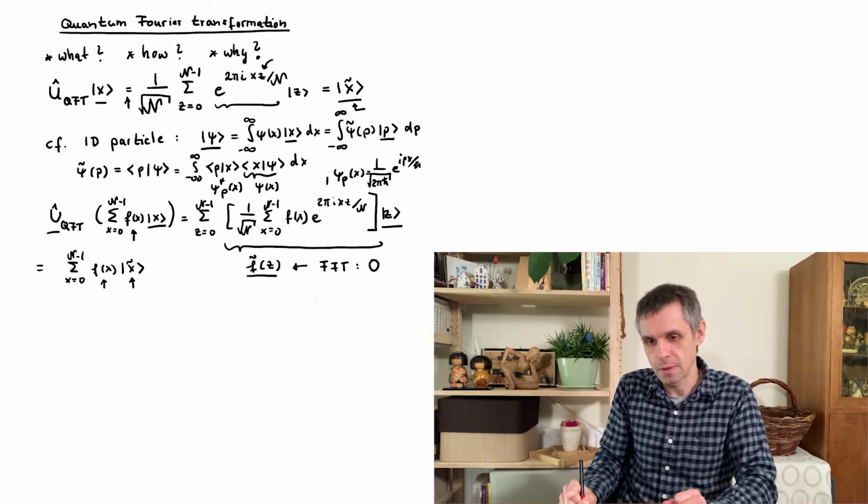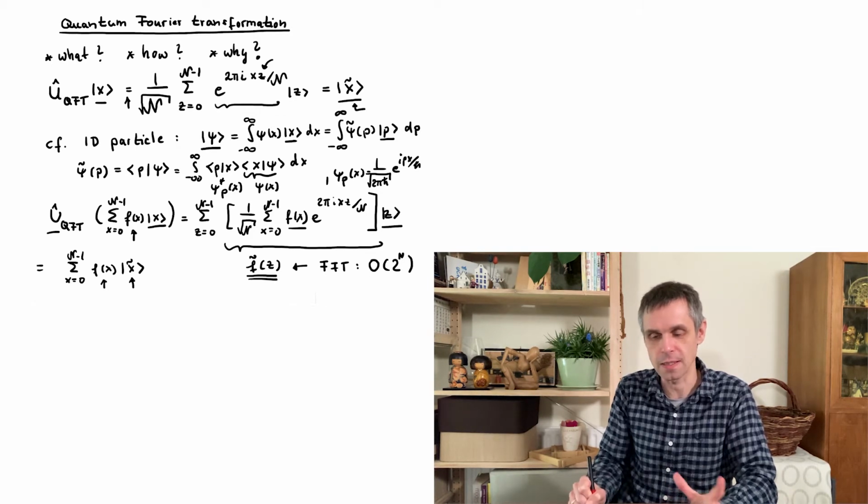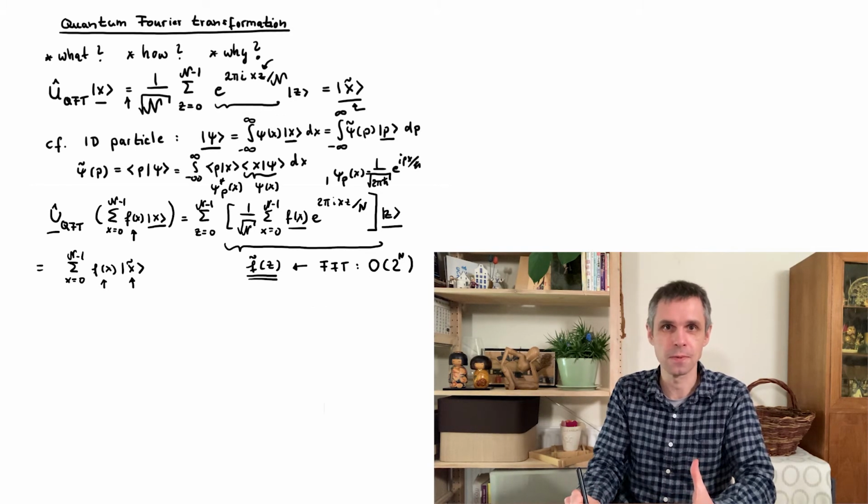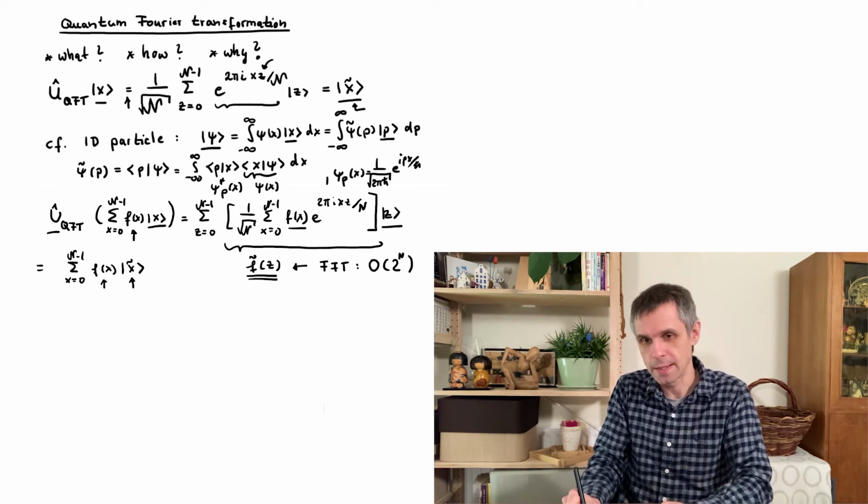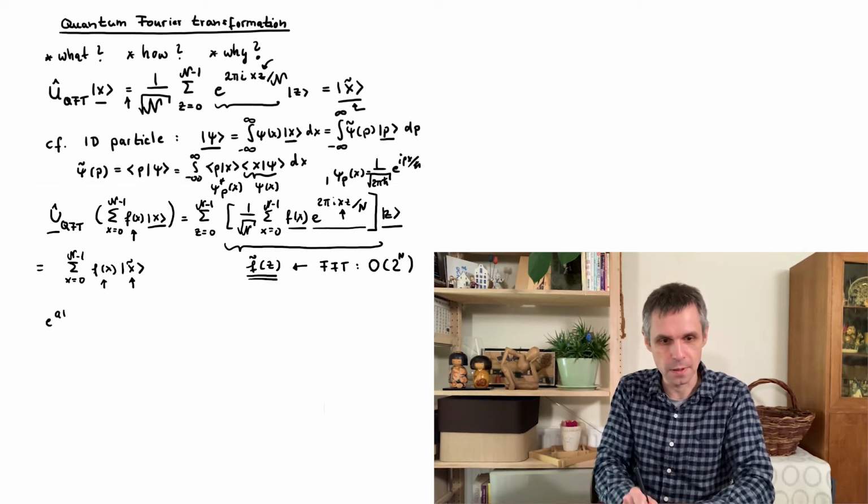And in there you will need of the order of 2 to the n steps in order to get from the function f of x to the function f tilde of z. So this is a very efficient way to carry the Fourier transform out on a classical computer, and it mainly relies on the fact that these exponential factors have very systematic exponents that you can pull apart according to the common rule that e to the a plus b is equal to e to the a times e to the b.